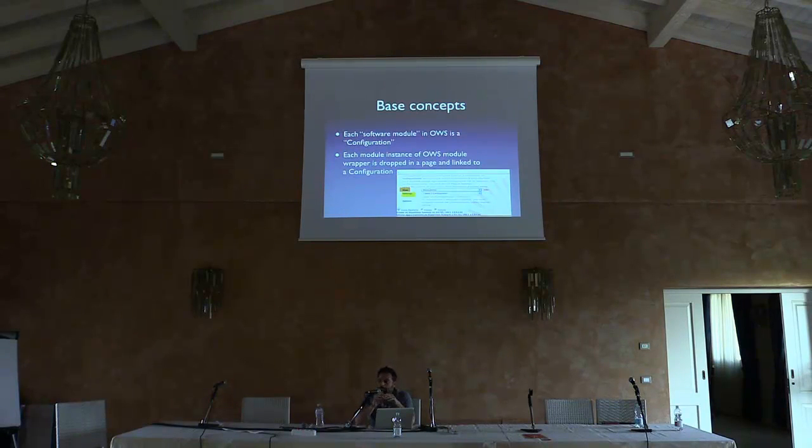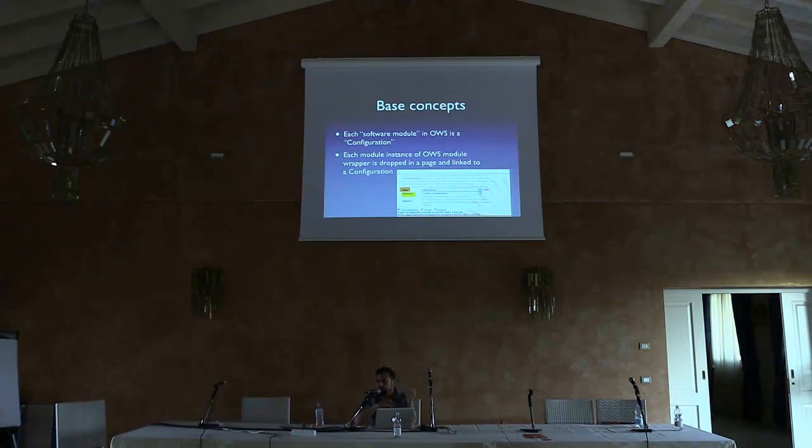All configurations are stored in the database in a specific table, and each module instance, like the module I just added to the test page, is only a configuration wrapper. It's a module that can be linked to a specific configuration. So I can have different configurations shown on different pages, or the same configuration shown on different pages.